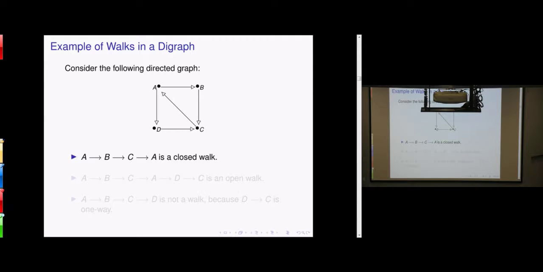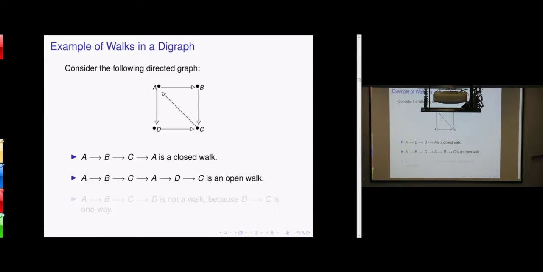Now we want to look at some examples of walks. For example, from A you can follow the arrow, travel to B, and travel to C, and then travel back to A. So this A, B, C, A is a closed walk in this directed graph. Simple enough.